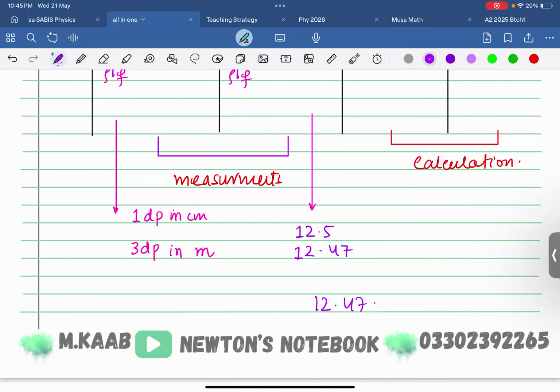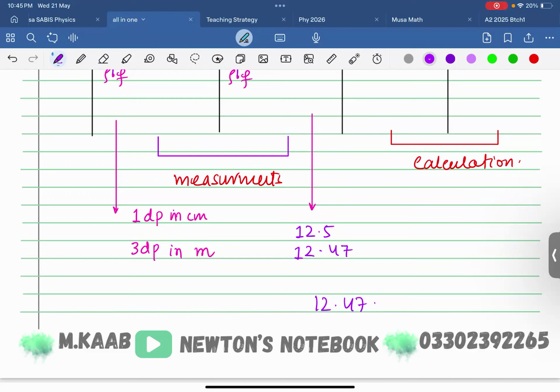It's up to you to decide which one to go with. If you are going with 1 dp, make sure all the readings of time are in 1 dp. And if you are going with 2 dps, then make sure all the times contain two decimal places. This is a simple thing.